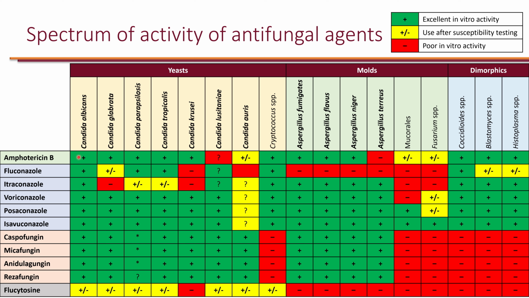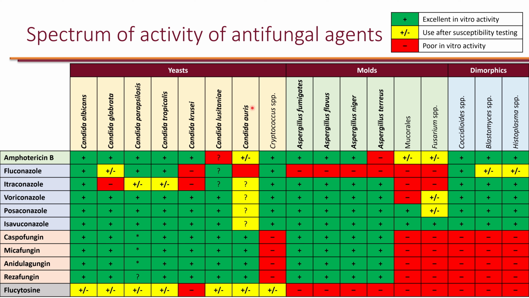Amphotericin B has very good activity against most of these, except Candida lusitaniae. Historically, some reports say that it might have activity against lusitaniae, but most sources, and especially classically, we say that amphotericin B is inactive against lusitaniae.